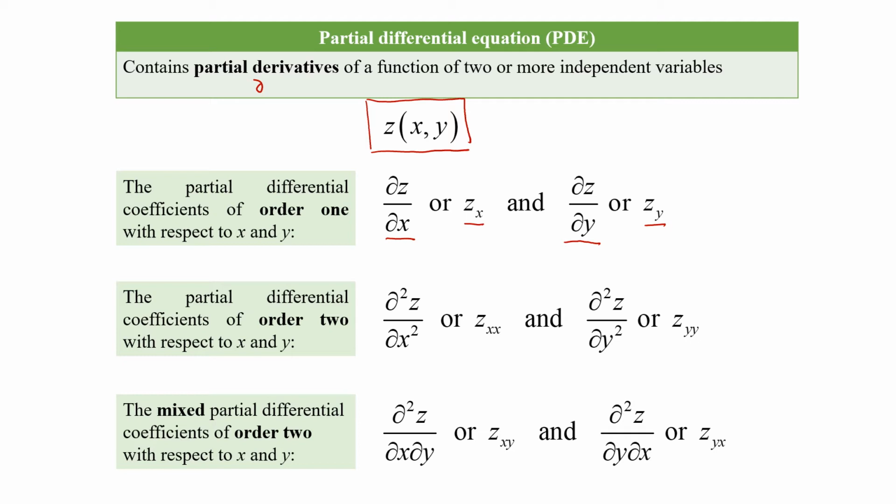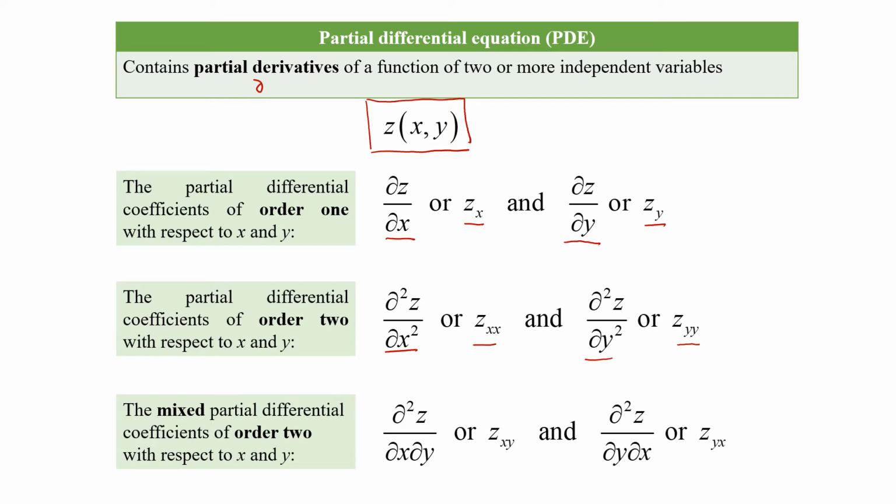The second order partial derivative with respect to x is written as del squared z over del x squared. And the second order partial derivative of z with respect to y is written as del squared z over del y squared. Or we can write it as z sub yy or z sub xx.